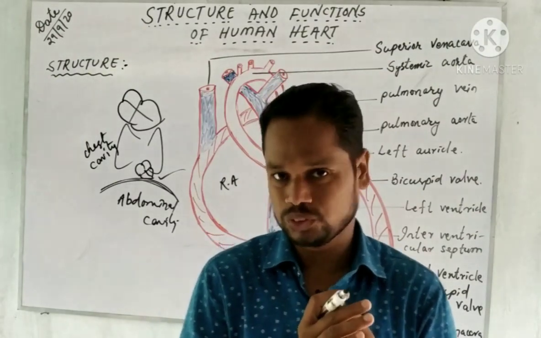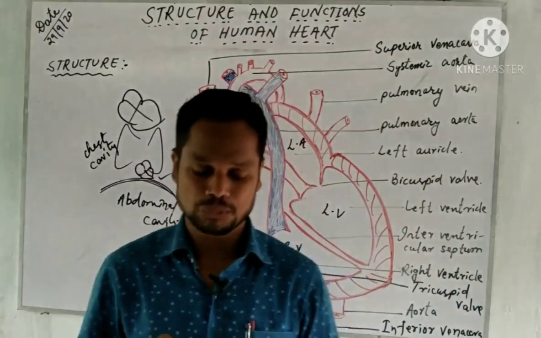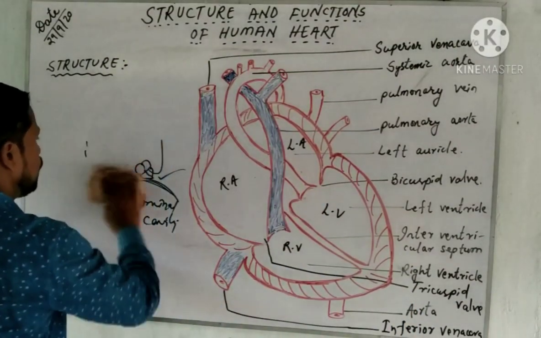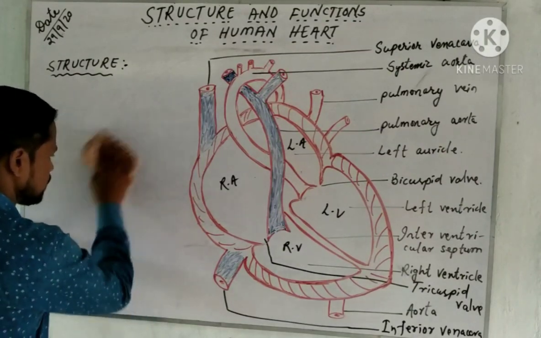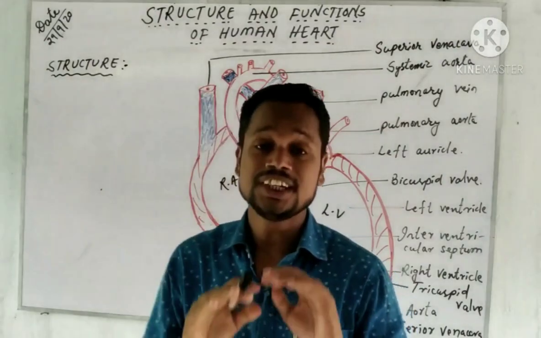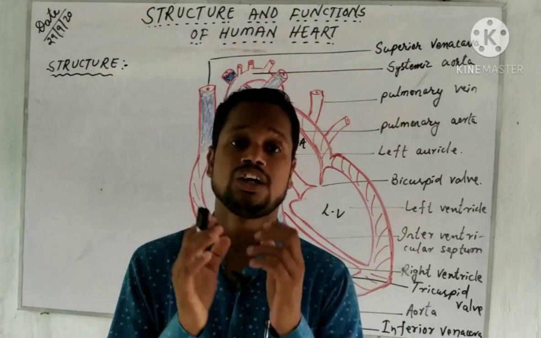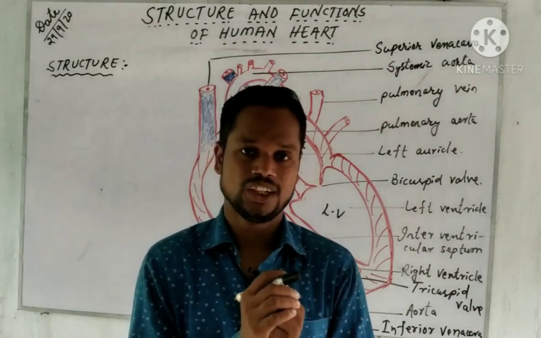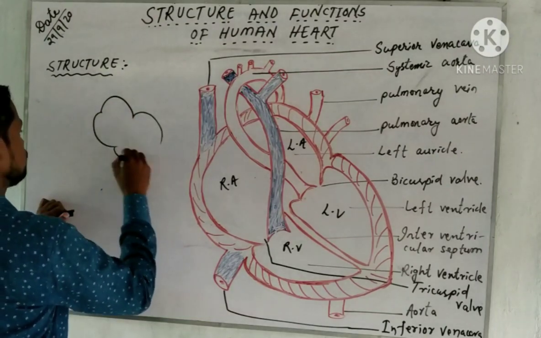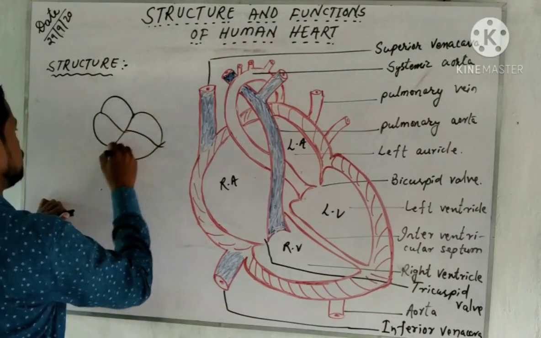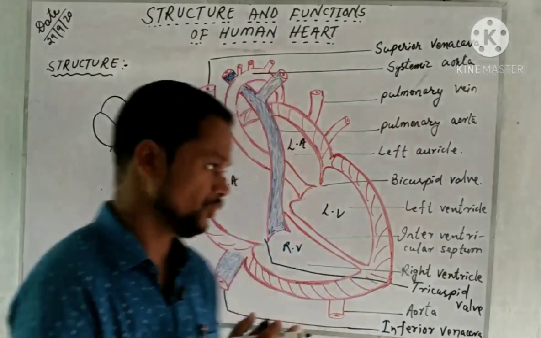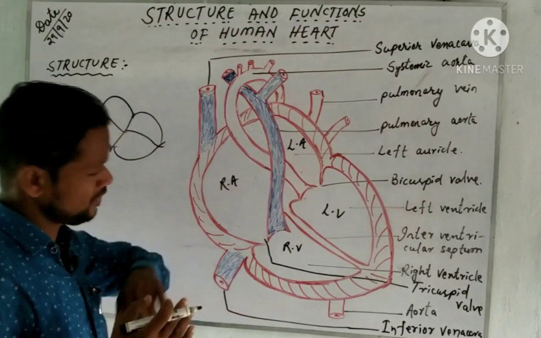Now coming to morphology. Morphology means the external structure. When we see the heart, it is conical in shape, and externally it looks like a four-chambered structure. Four chambers means it contains walls, or we can say partitions, externally and internally also.